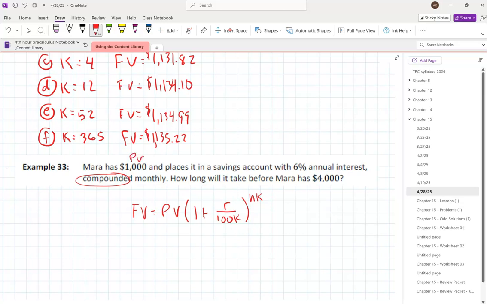I have a present value, I have an interest rate, I have a K, and I have a future value. How long? We're looking to solve for n. So we'll fill things in.